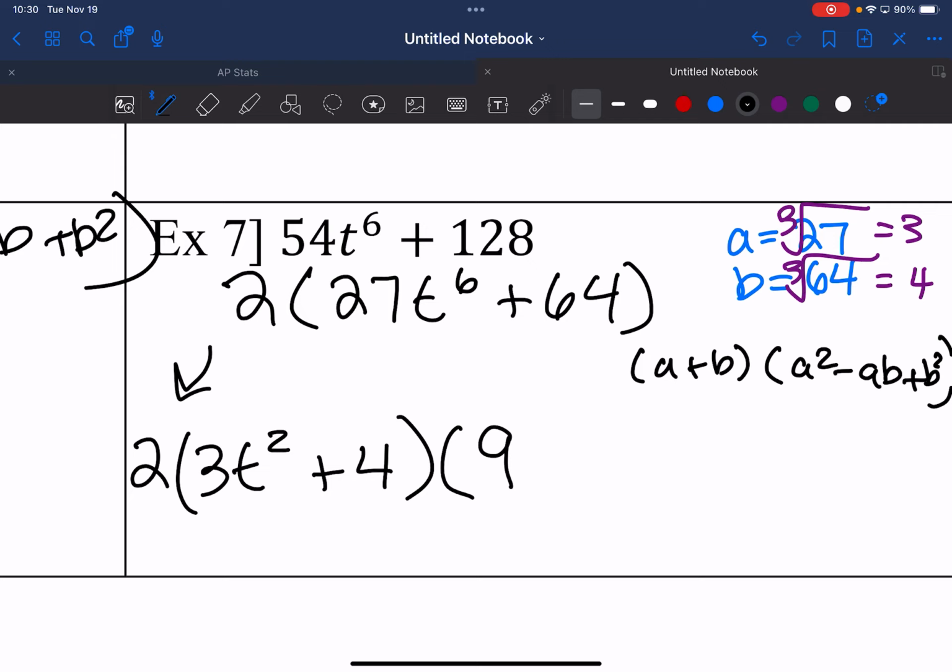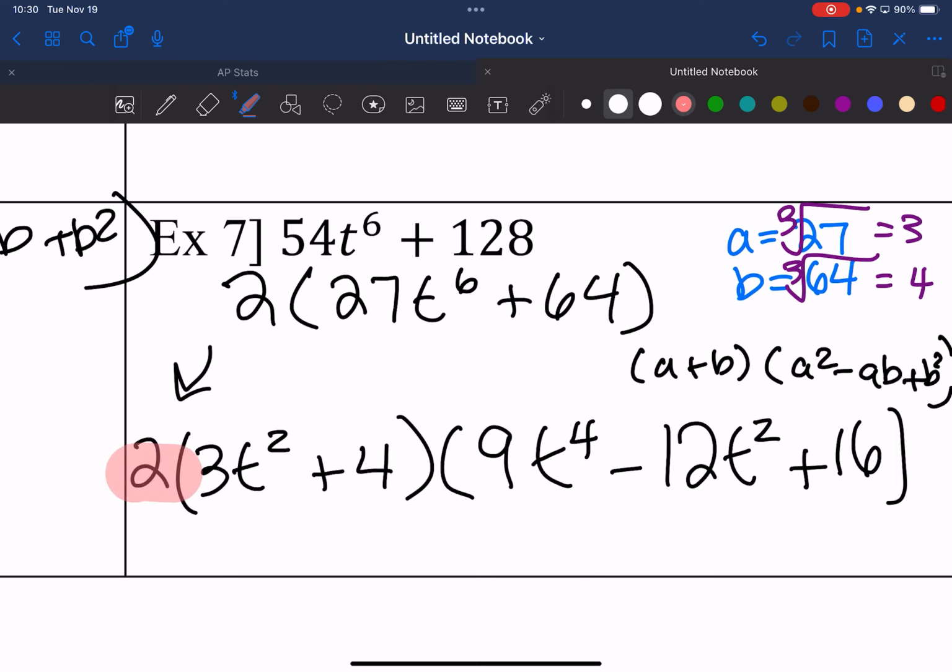Okay, so this is 9t to the 4th minus ab. What's a times b? 12t squared plus 4 squared, which is 16. That's our answer. Any questions?